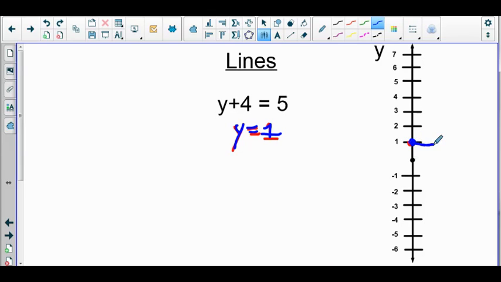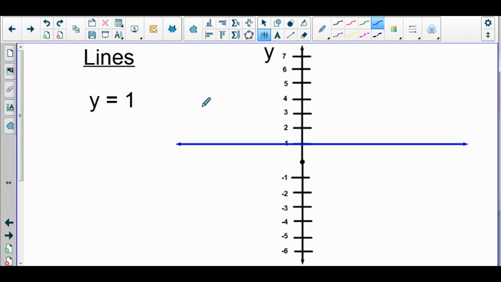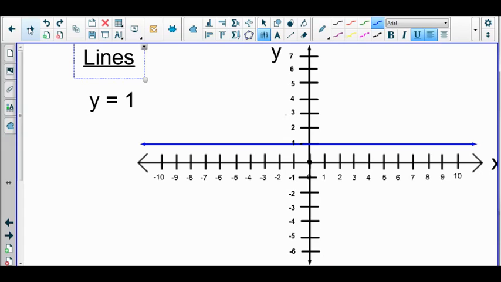In fact, it'd be infinitely this way and infinitely this way as well, if you were looking at it in 2 dimensions. So there it is, y equals 1. You plot it like that. If you're thinking in 2 dimensions, it's a horizontal line, going straight across both ways. All right, so this is what y equals 1 looks like. And if you saw y equals 1 on a coordinate plane, it would look just like this right here.